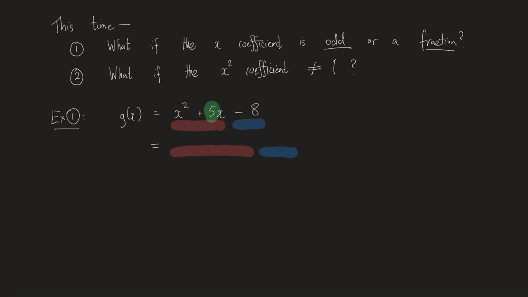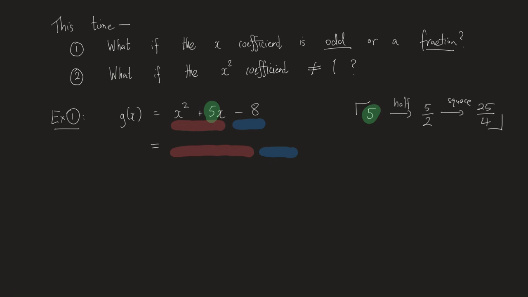That is the quantity I'm going to start off with, and then I will half it to get, in this case, the fraction 5 over 2. And that's the quantity that I'm going to square. So things are already getting a little messier than we've seen before. But when I square 5 over 2, I get 25 over 4.